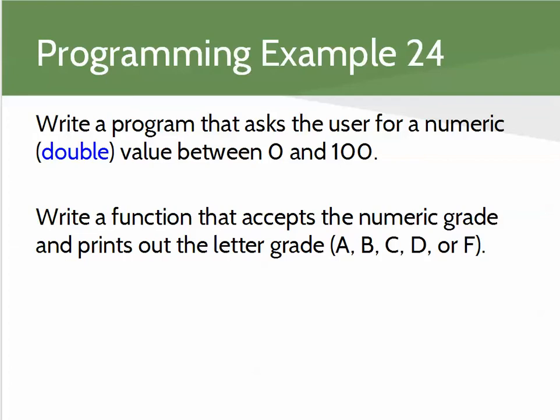And then we'll write a function that accepts the numeric grade from main. So main will prompt and read the number from the user. Main will call a function that we're going to create that will print out the letter grade. Right? So the function accepts a numeric grade, it prints out a letter grade, it's not going to really return anything.